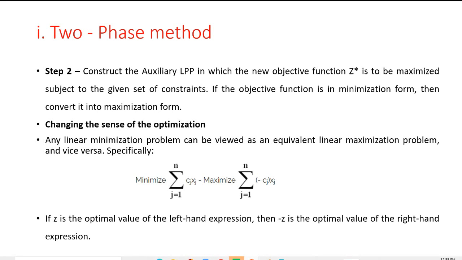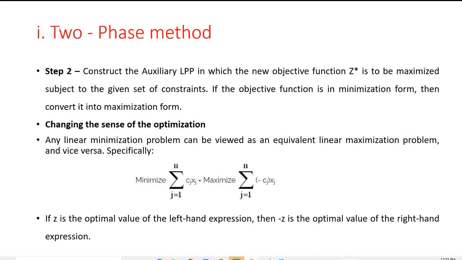If you are converting our objective function from minimize to maximize, there is a formula. Minimize the summation of all the cost values with the decision variable, that is Cj xj, from j equal to 1 to n, is equal to the maximization of the summation from j equal to 1 to n of minus Cj xj.